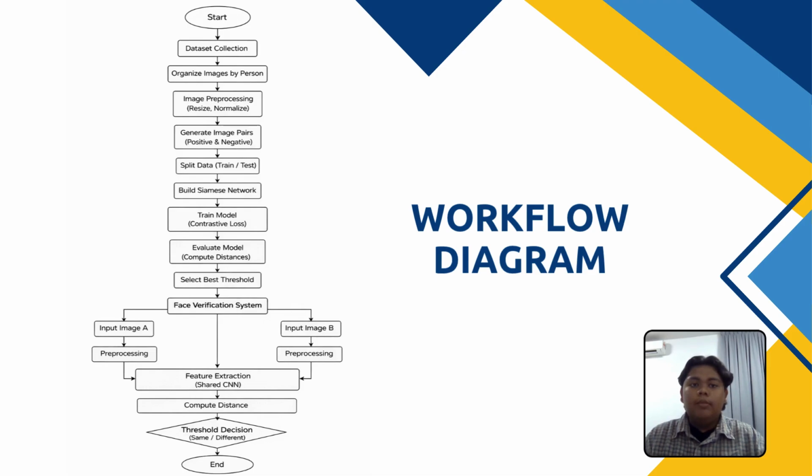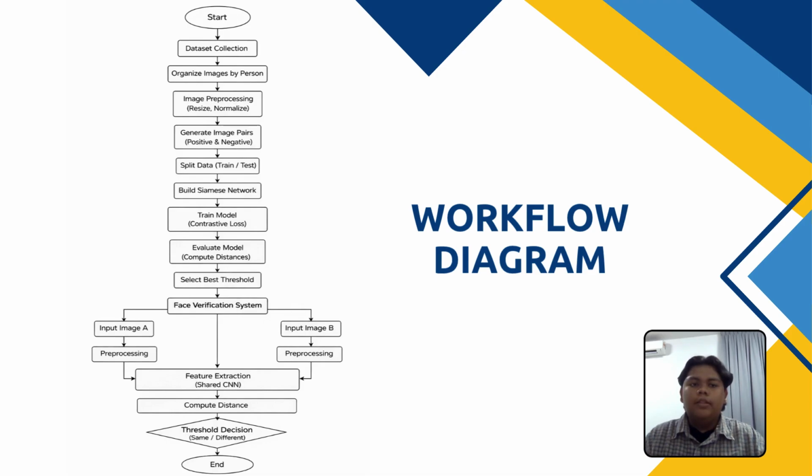Next, the Siamese network is built and trained using a contrastive loss, so the model can learn how to compare two faces. After the training, the model is evaluated, and the best threshold value is selected to decide whether two faces are the same or different.